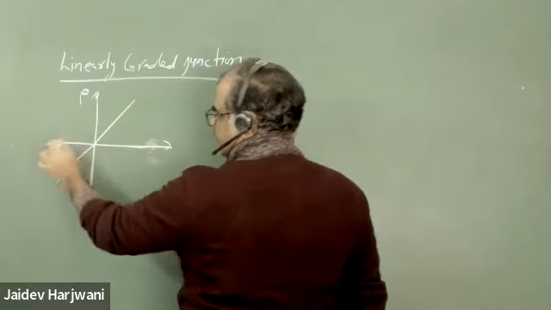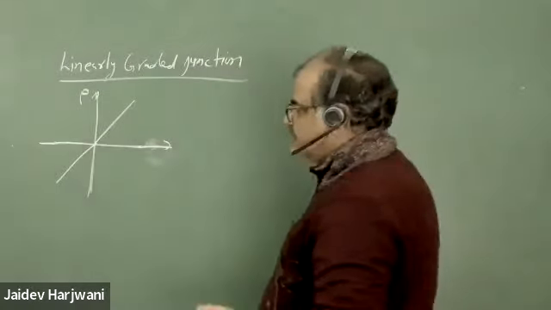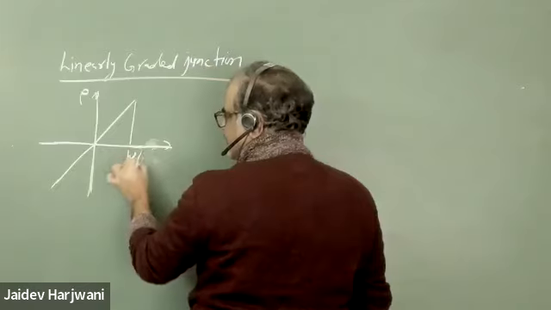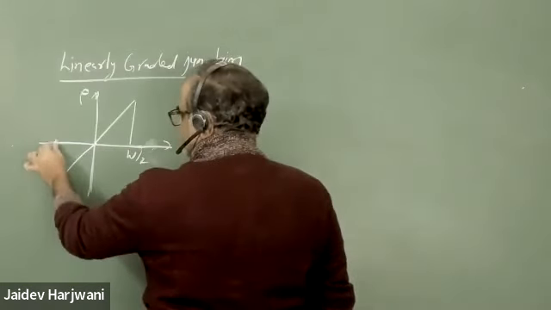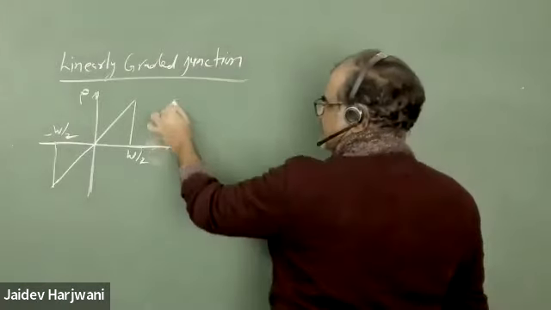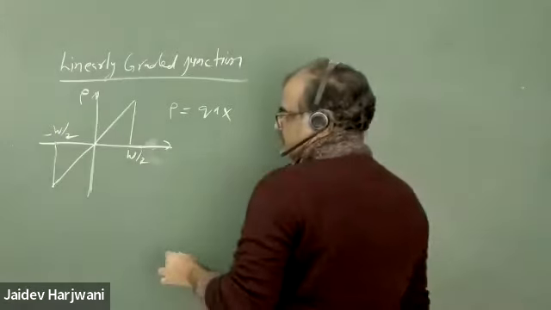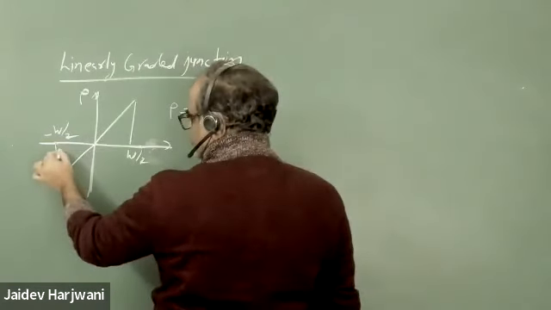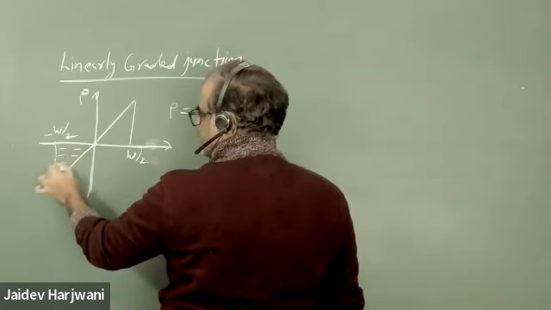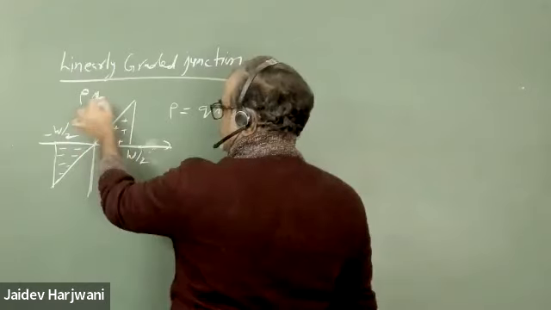As you move away from the center of the depletion layer, the charge density increases. Say this is w by 2 and this is minus w by 2, and the charge is given as QAX. I'm keeping the charge densities almost equal, so on the P side we have a minus, and here we have plus.